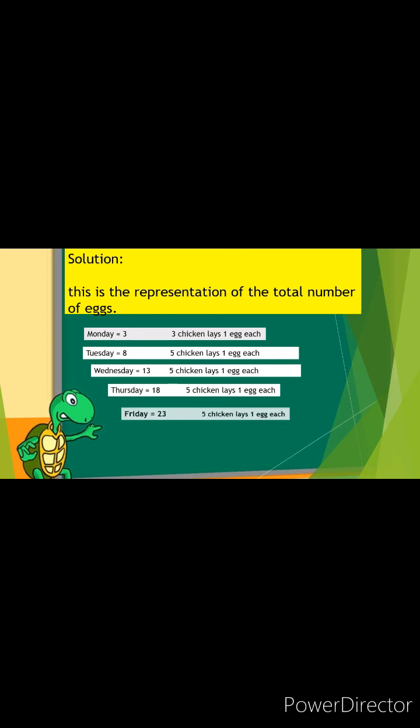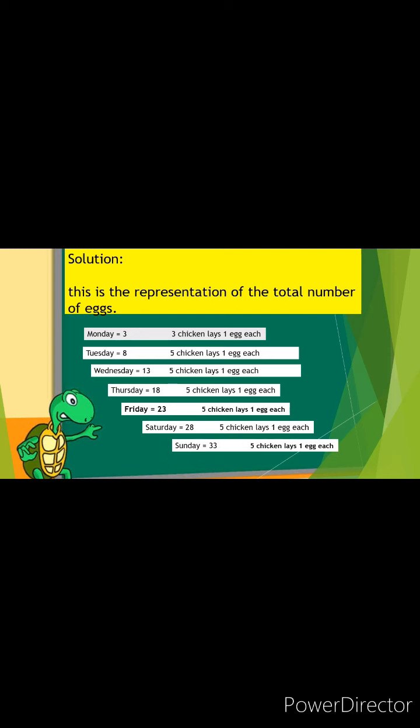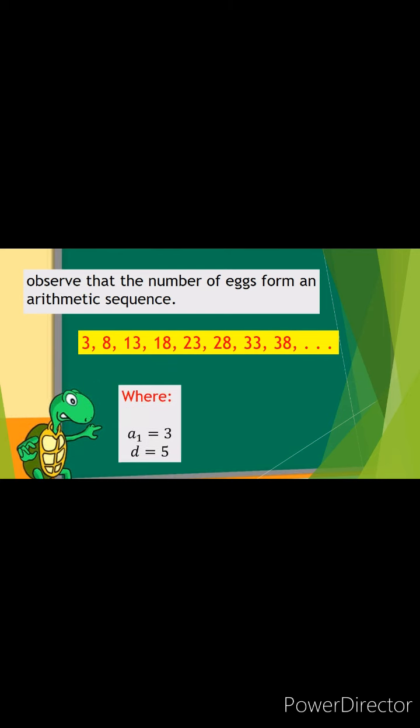Thursday, Friday, Saturday, and Sunday. And for the Monday of the following week, the total number of eggs is equal to 38. Observe that the number of eggs form an arithmetic sequence, where a sub 1 is 3 and the common difference is 5.